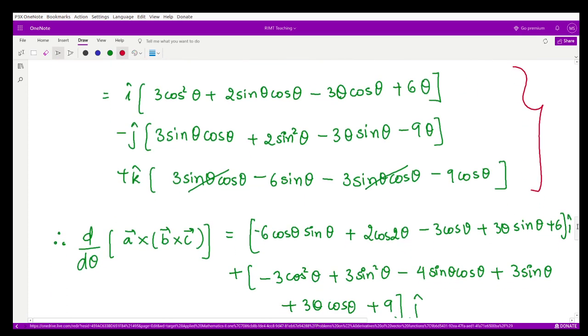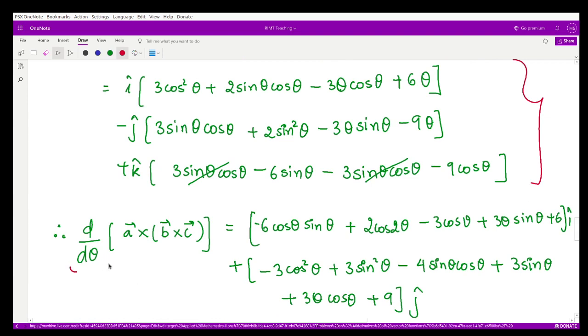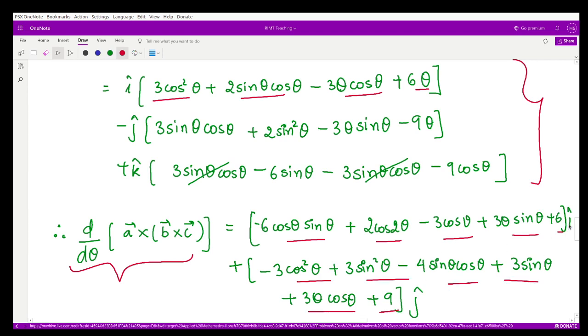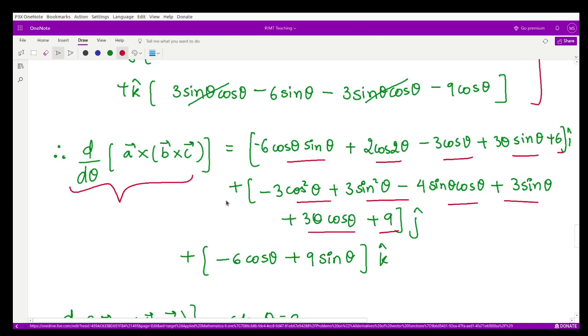Now the next task is to take the derivative of this particular vector with respect to theta. So you will take the derivative of all these individual terms, and you will be getting all these terms. So finally this is your derivative, and thereafter you could substitute the value of theta equal to 0 into this particular expression.